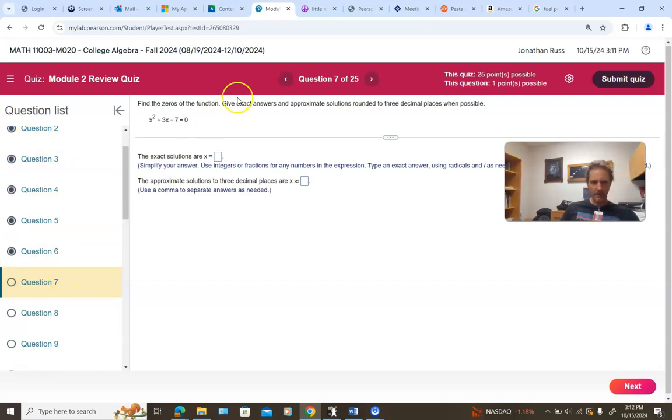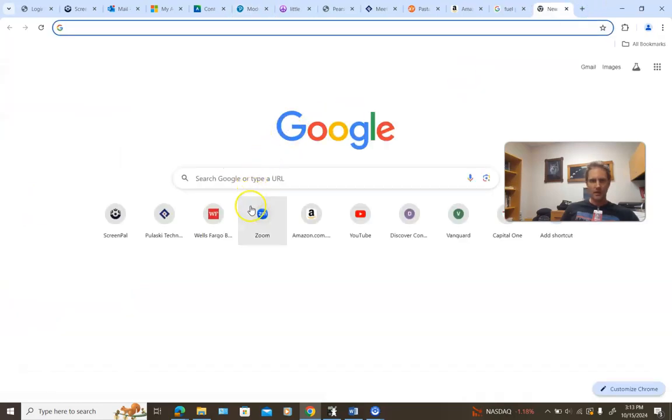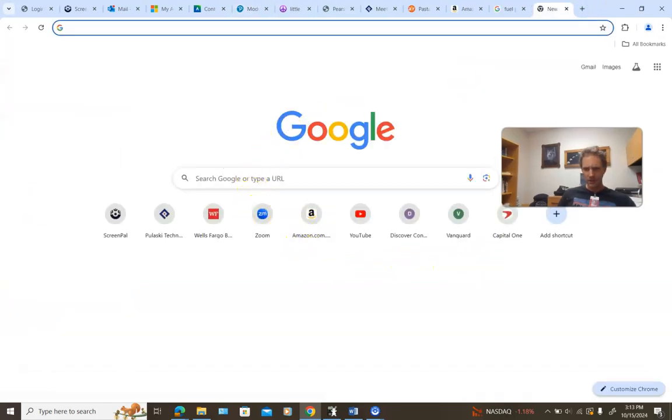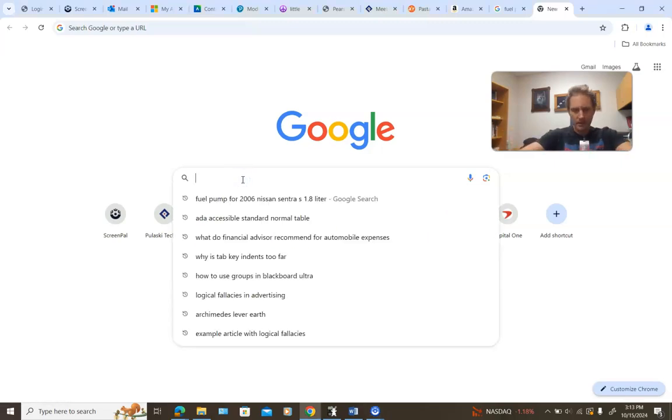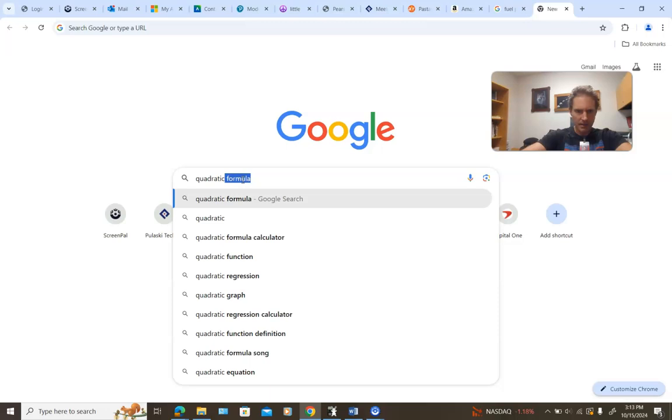Number 7 here. This one it says find the zeros of the function. Alright, now I can tell by looking at this that this one is not factorable. And so because of that, I'm going to use the quadratic formula. And let's see. Unfortunately, I closed that window, so let's see if I can find it again.